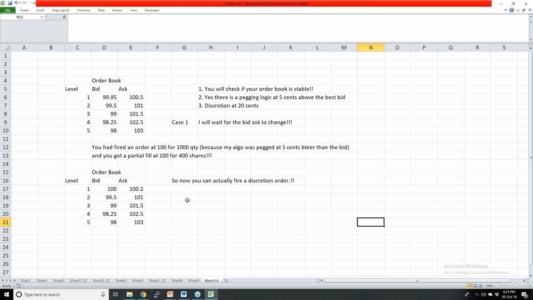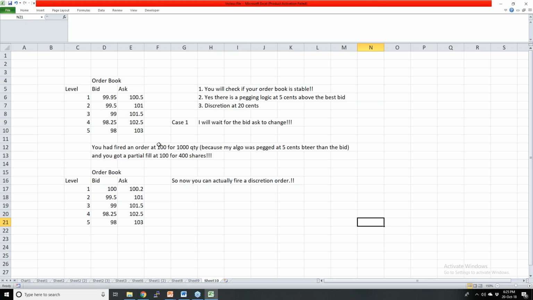Depending upon how aggressive or passive you want to be, first of all, if you receive a partial fill, then it's quite possible that you don't want to send your discretion order, right? You don't want to use your discretion range. You might want to cancel your peg and you might just want to move back a bit, because you are getting your trades at that price and you want to figure out if you can get an even better price.